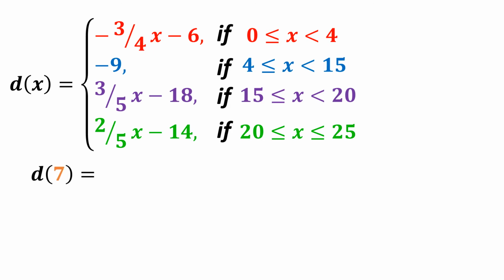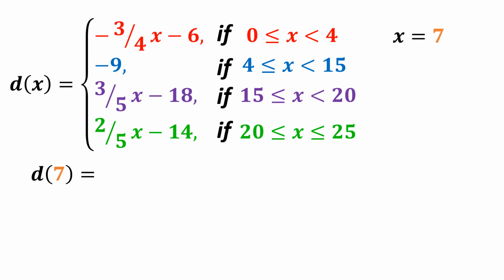Now suppose we wanted to figure out d of 7. What this means is we want the depth of the pool 7 feet from the left edge of the pool. This also means that x is equal to 7. So the way that we're going to do this is to look at our if statements first. We're going to test the value x equals 7 against each of these ranges of x to see which function we should use.